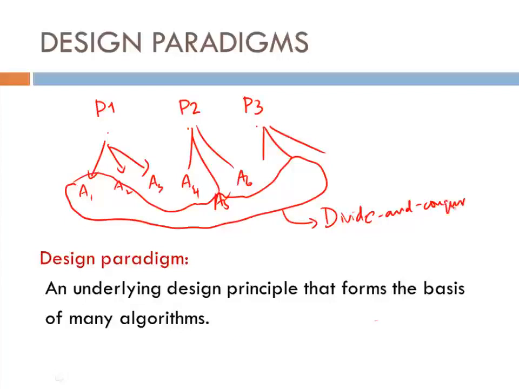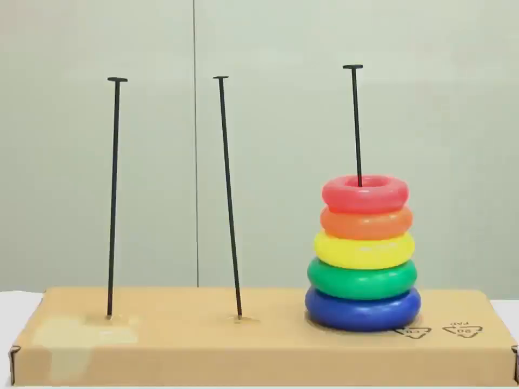In order to tell you what a design principle really is, I'm going to introduce you to a puzzle called the Towers of Hanoi, and using the solution to this problem, we will see what a design principle is.